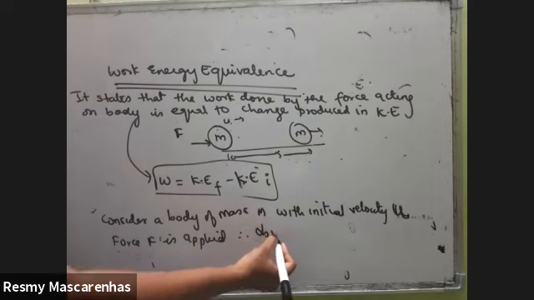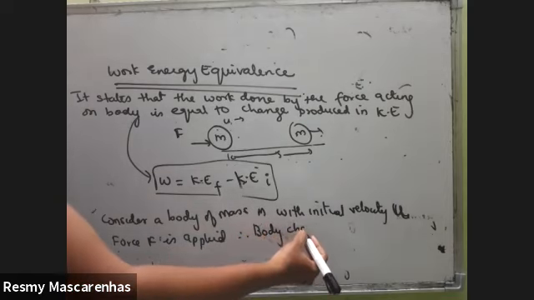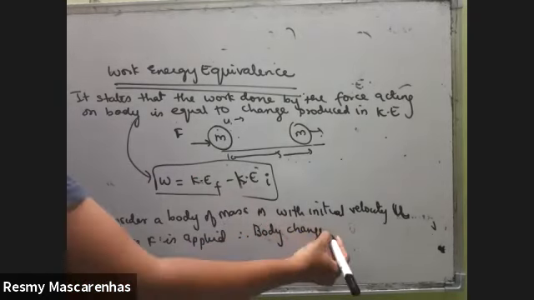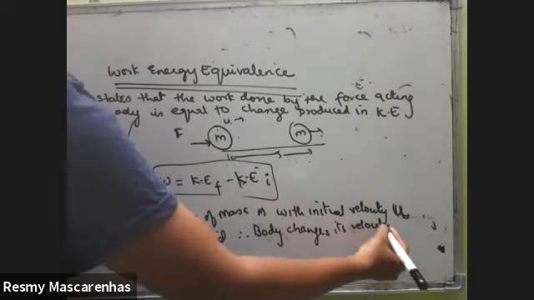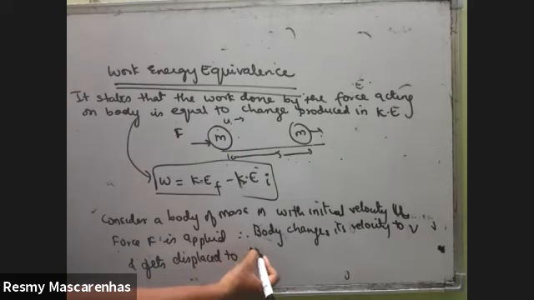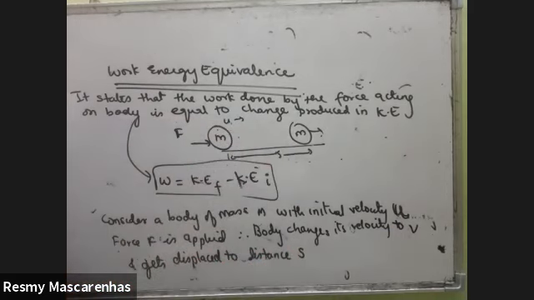Therefore the body displaces, changes its velocity to v, and gets displaced to a distance s. So it had some initial velocity u, then you applied some force, then it changed to a different velocity and moved a distance s.